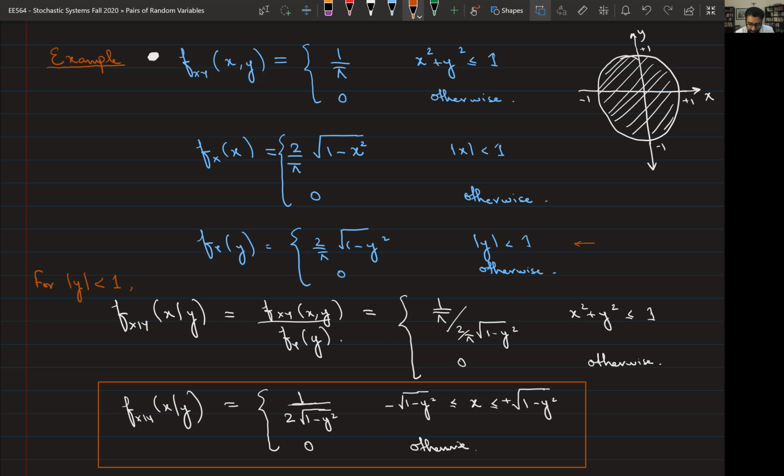So in particular, if I go back to this figure here, let's say someone tells you that y is 0.5. So this is 0.5. What is x equal to? X is going to be uniformly distributed anywhere between √(1 - y²)... oh, sorry, I got that backwards. I have been given y, right?